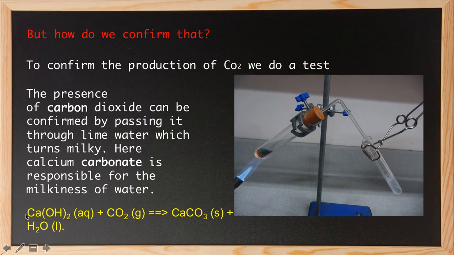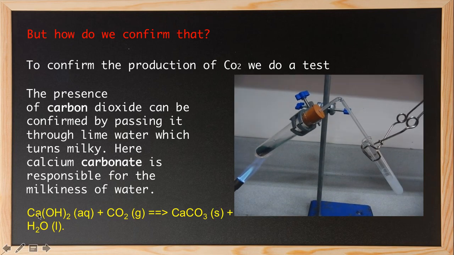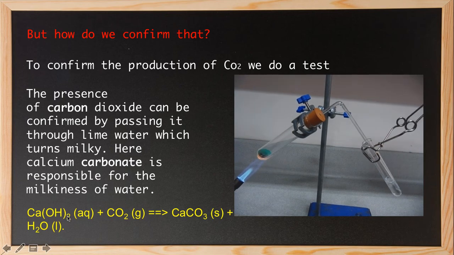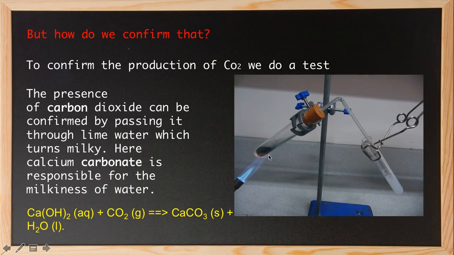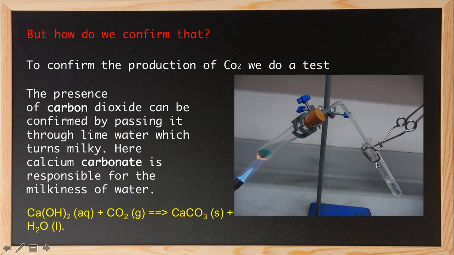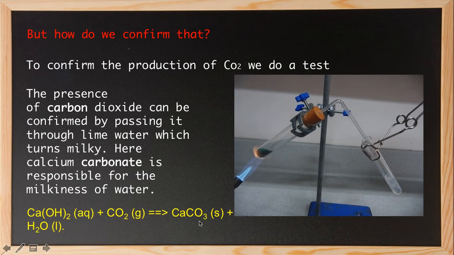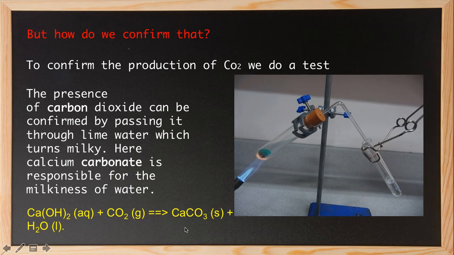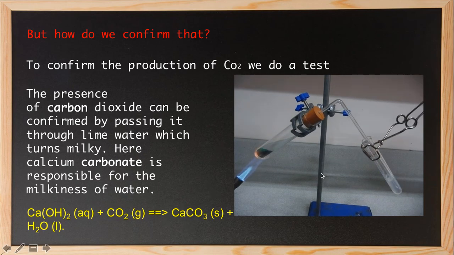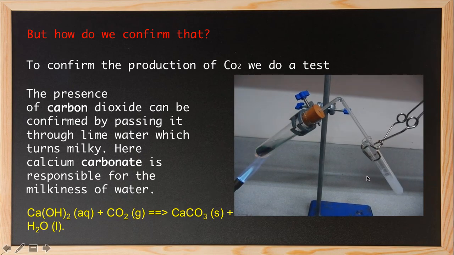So here, calcium hydroxide, or Ca(OH)2, is nothing but the lime water. When the carbon dioxide that is coming from this particular carbon compound is mixed with Ca(OH)2, that is, the lime water, it forms calcium carbonate along with water. And this calcium carbonate is responsible for turning this particular solution milky.